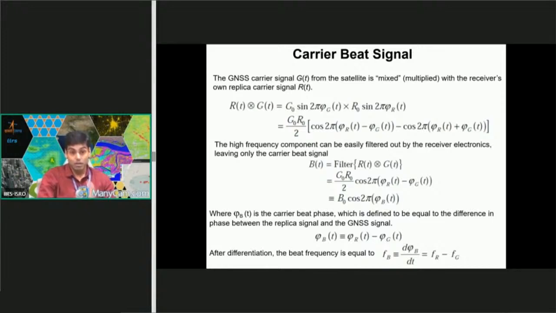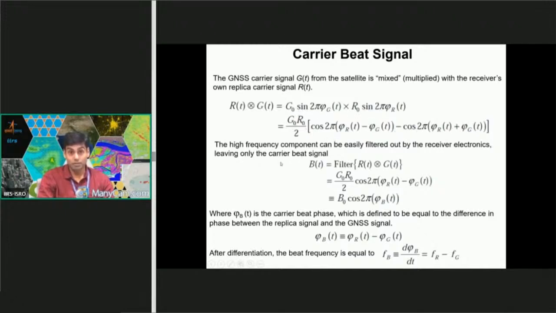At the same time, the receiver is generating a replica signal of the respective satellites. That's why we have to use the cross correlation. And once we use the cross correlation, we can write the formula like this also.